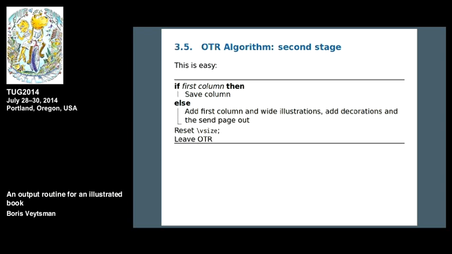Decorations here are running heads, running foots, all this stuff, folio numbers. You need to reset your vsize, because at this point you need to start with a real vsize, and that's all.